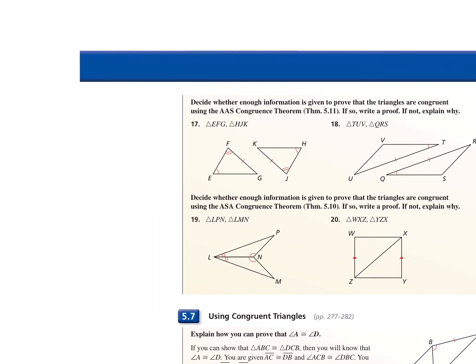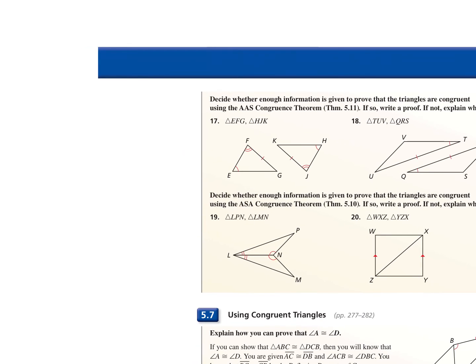However, you will have to come up with the stuff on your own. I'm not going to give you all 3 pieces. You'll have to come up with the other piece or pieces. So statements, reasons. This one, all you're going to do is list the given and then go right to your congruency statement.